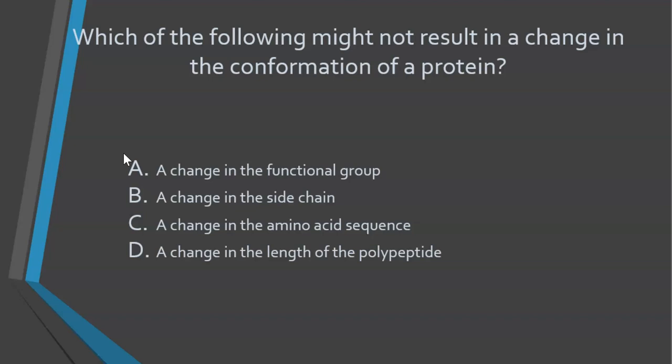Well, if you remember back to when we were talking about this kind of redundancy thing, just because you change the amino acid sequence doesn't necessarily mean that you're going to change the way something folds. Remember, if the amino acid is in the same chemical group, the same chemical family as another amino acid, it'll have a very similar or the same behavior, and so you can actually not have a change to the final protein.